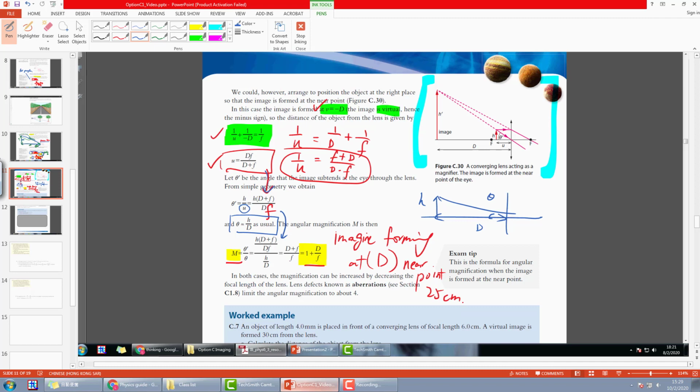At the end you'll be able to derive this one. I'm sure you can get through this by yourself. I hope through this exercise you can understand how we define the near point, and what assumptions we need to get to these two equations.